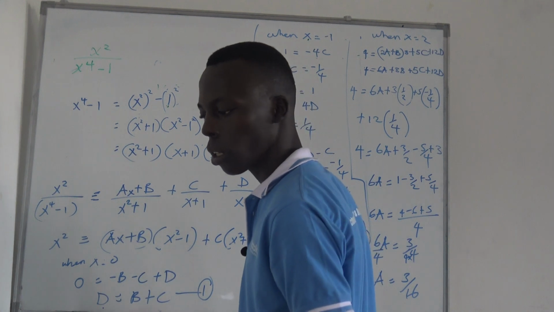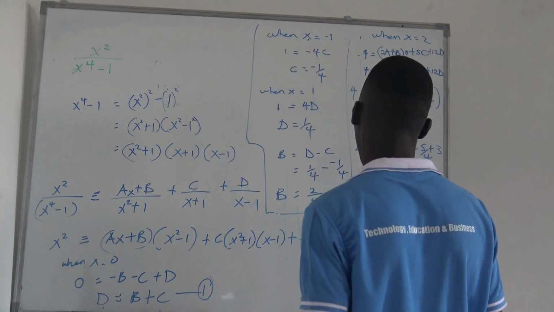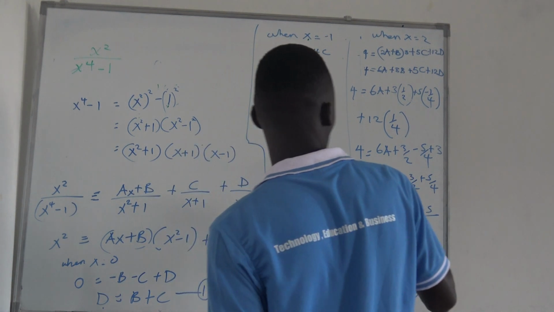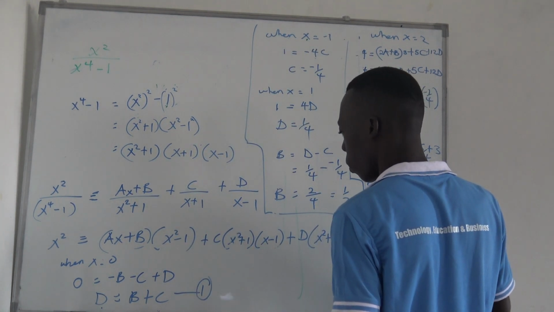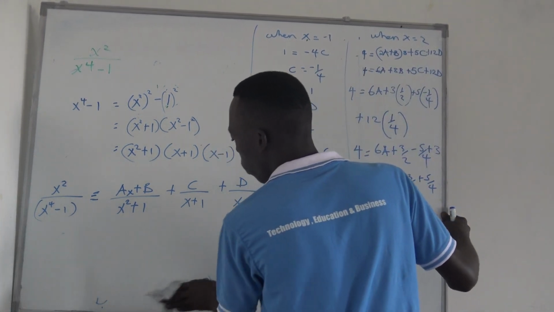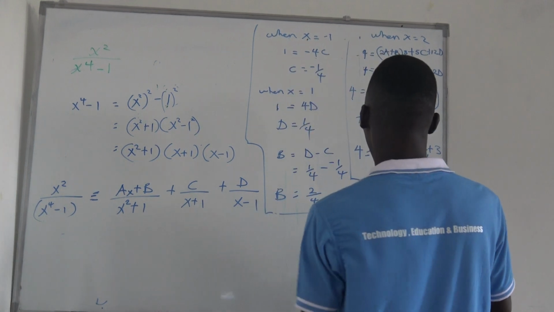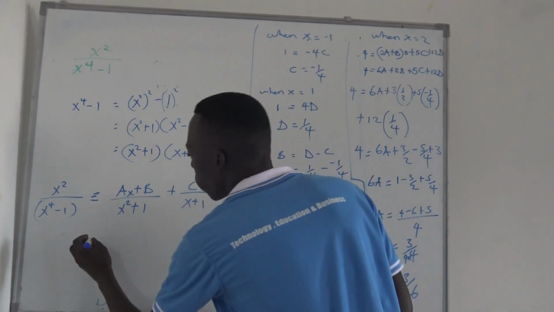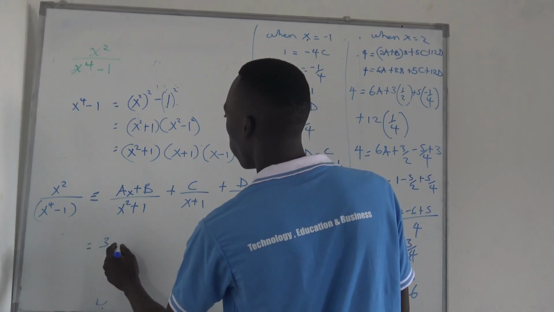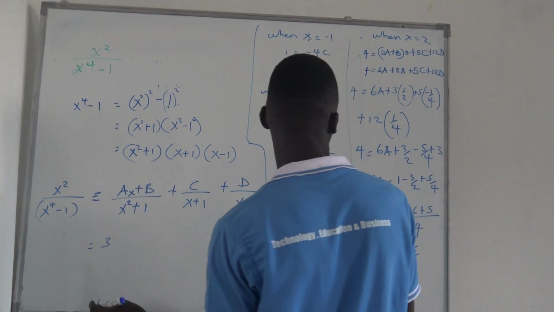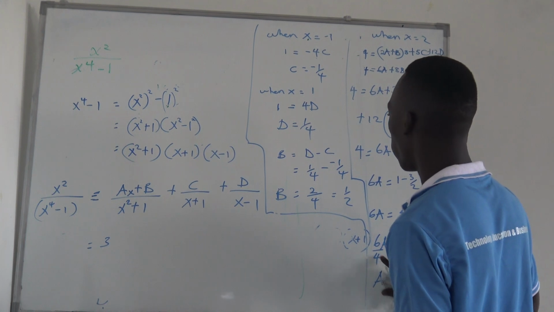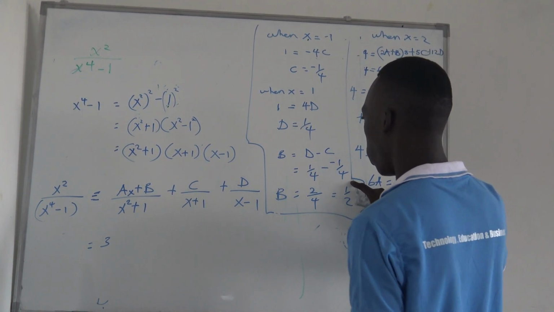So after getting it in terms of a, b, and c, you have to substitute back here and get the expression of the partial fraction. If I substitute this one in, it will give us the value of a, which is 3. Since a and b are combined, I have to first see the LCM. The a is here and b is here, so the LCM is 16.